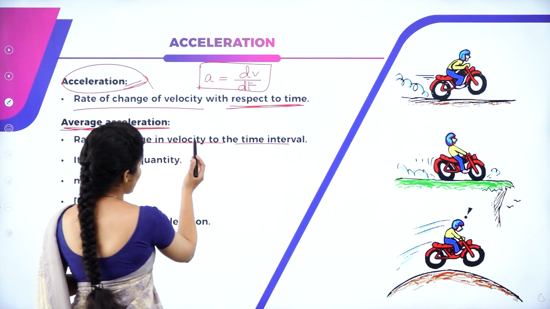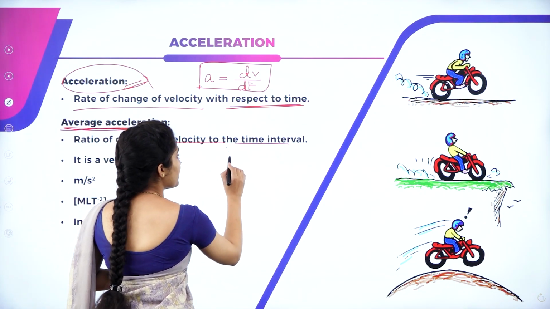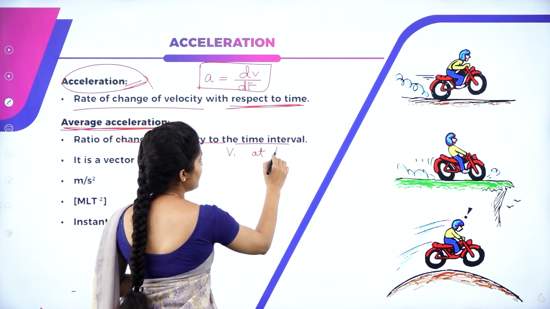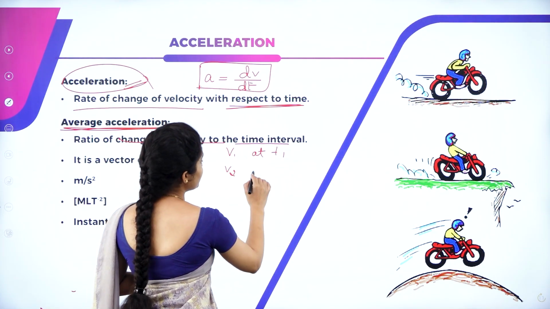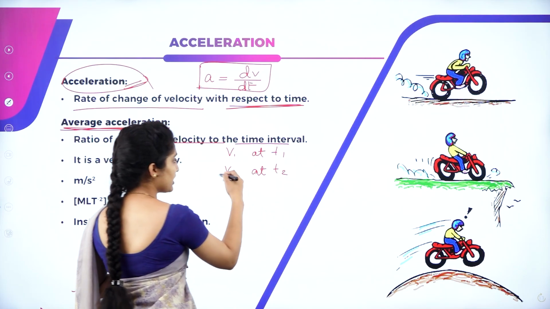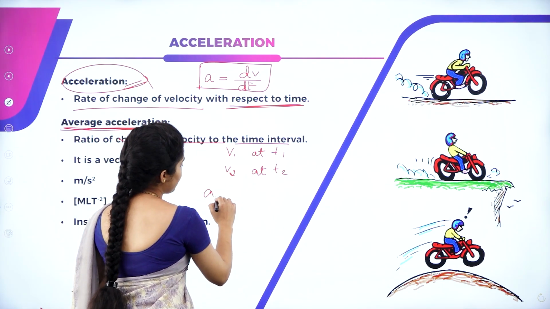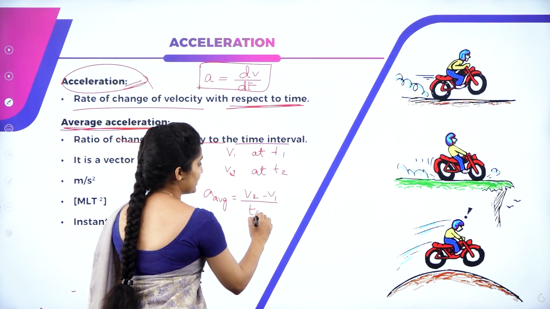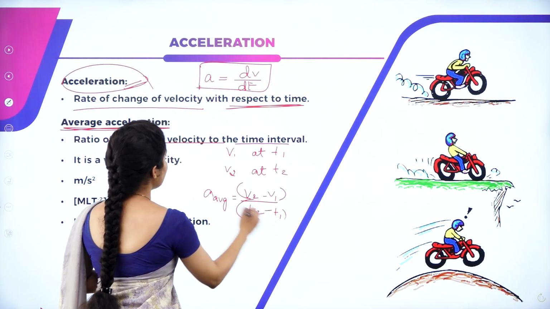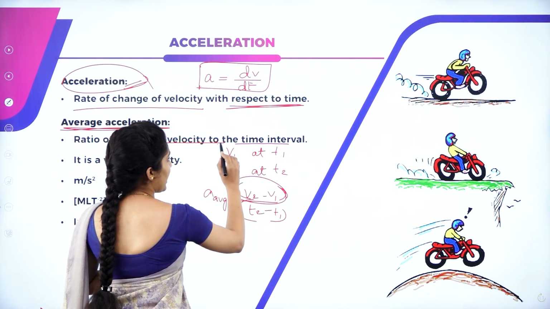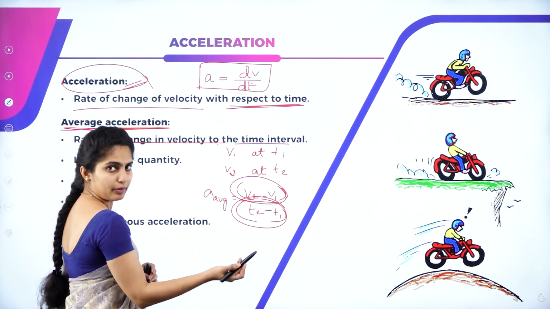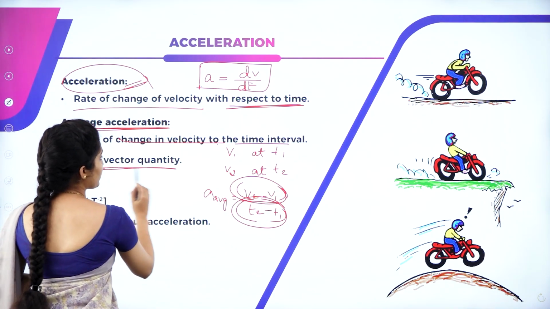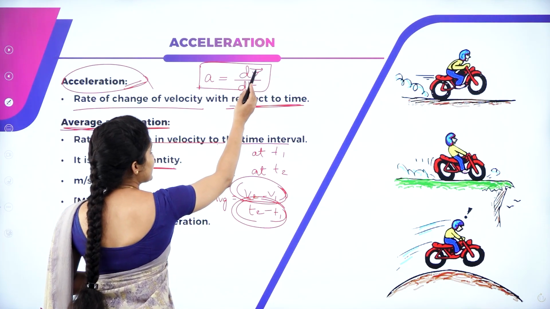If it has velocity V1 at time t1 and velocity V2 at time t2, either decreased or increased, then average acceleration is (V2 minus V1) divided by (t2 minus t1). That means the change in velocity with respect to the change in time.